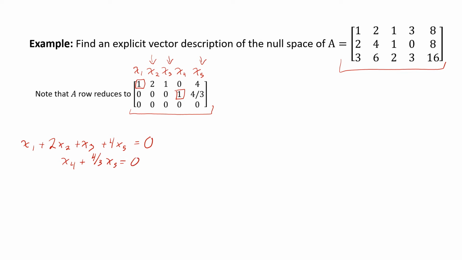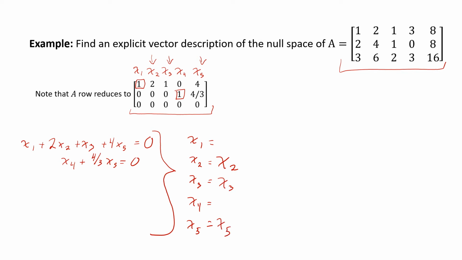And that's it. So now let's write all of our variables in terms of these equations. We have 5 variables, and our free variables are x2, x3, and x5. So we just write that x2 equals x2, x3 equals x3, and x5 equals x5.